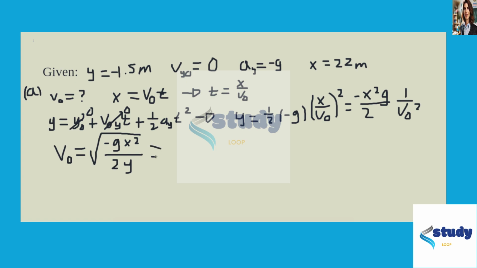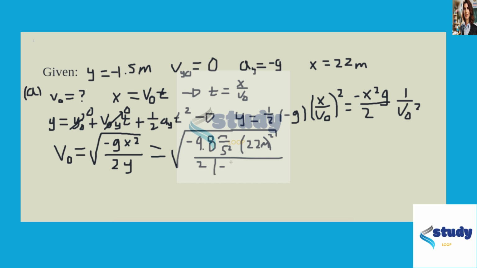And then if you plug in the known values for g, which is 9.8 meters per second squared, you end up with minus 9.8 times x squared. x is 22 meters, squared, divided by 2 times y, which was minus 1.5.